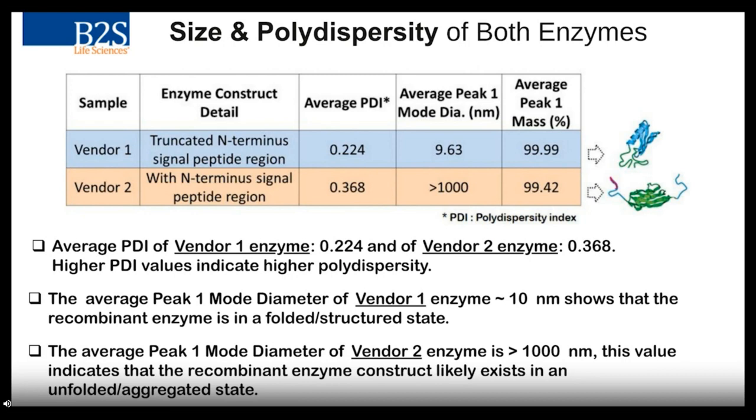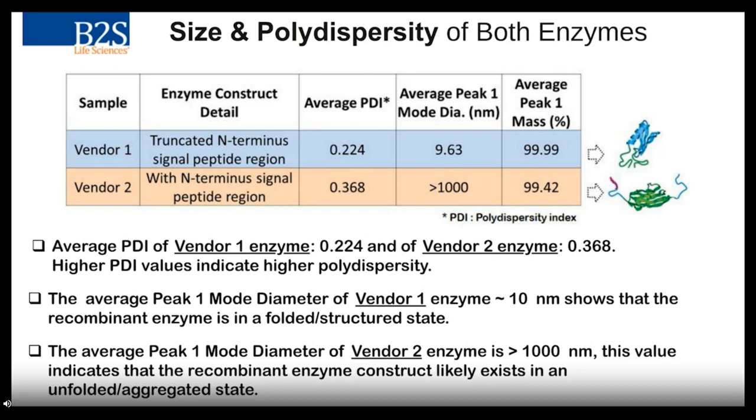So one criterion which Kevin introduced but was not evident on those previous slides is the PDI. Again, that's the polydispersity index, and it is a measure of the uniformity of a sample. So if you look at the vendor 1 material, it has a lower PDI, which indicates higher uniformity.